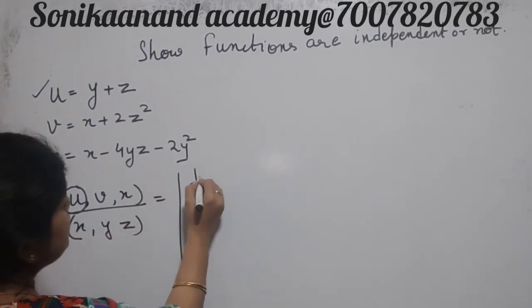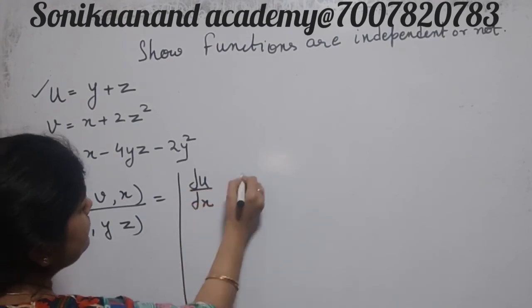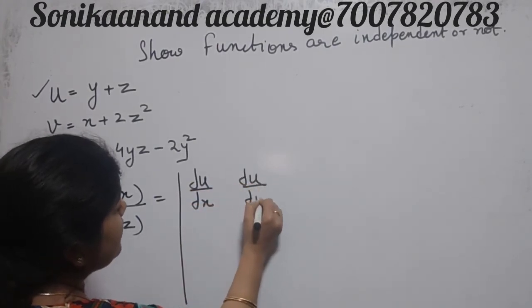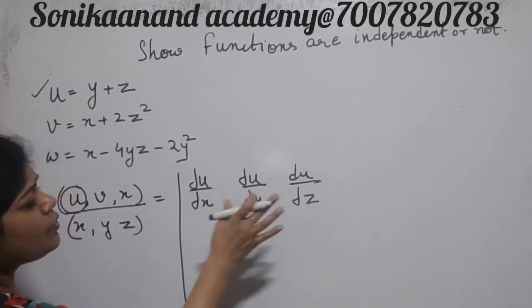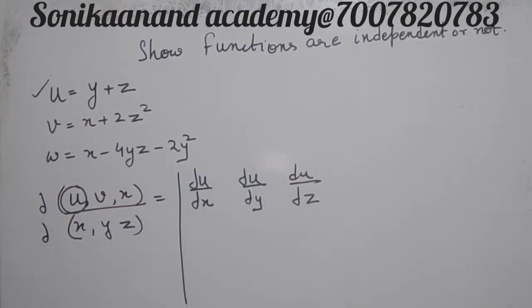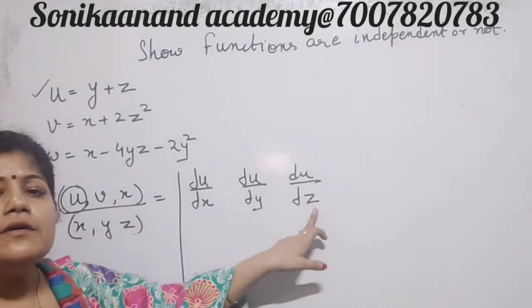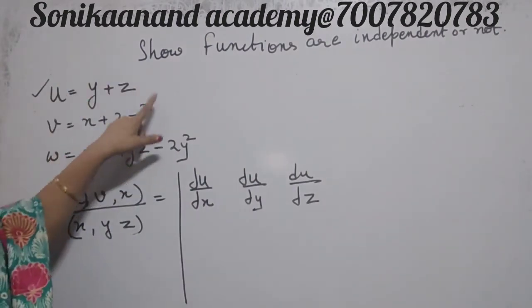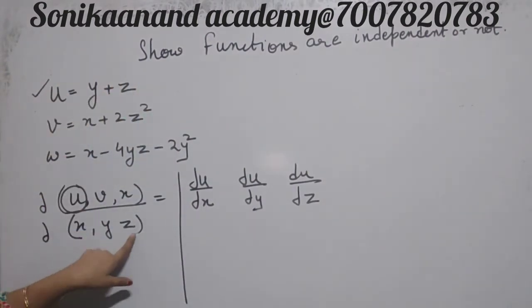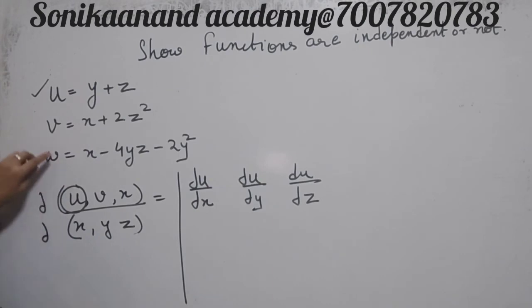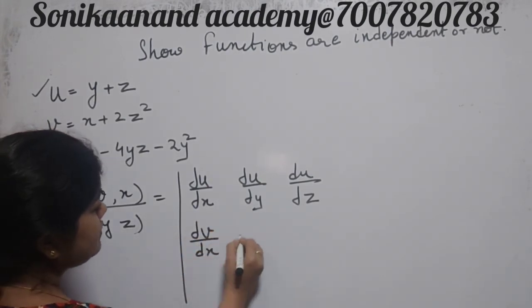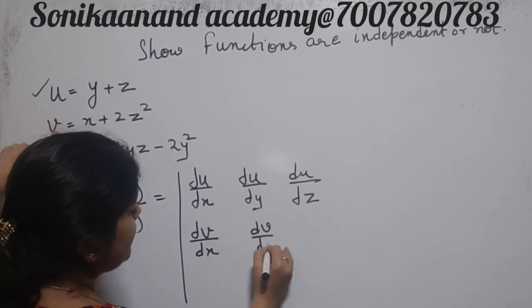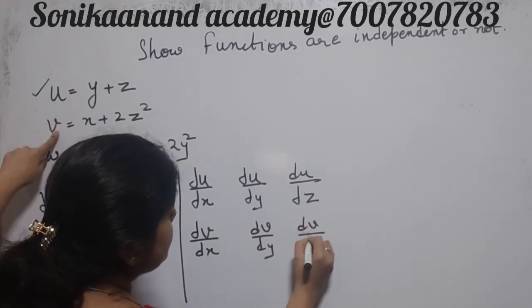That means du over dx, du over dy, du over dz. You differentiate the first function in terms of all three, x, y and z, and write the terms over here. Clear? Now v, then dv over dx, dv over dy, dv over dz.